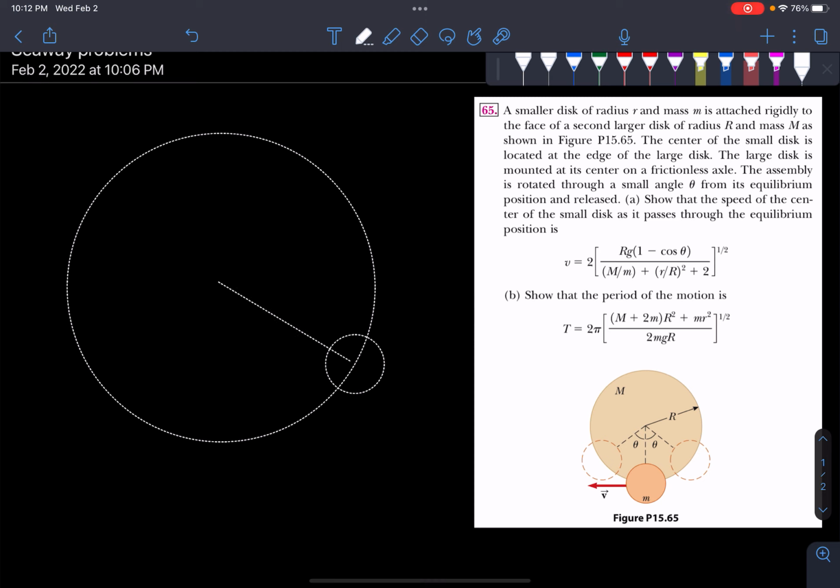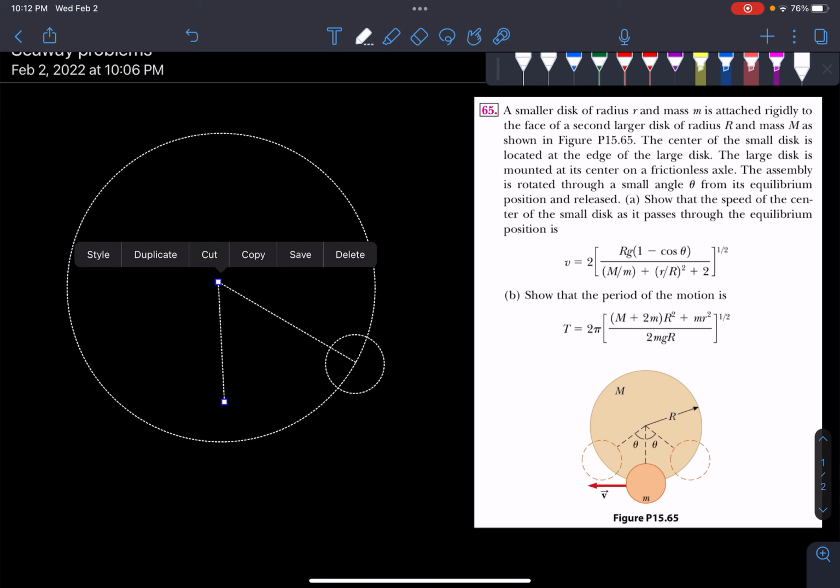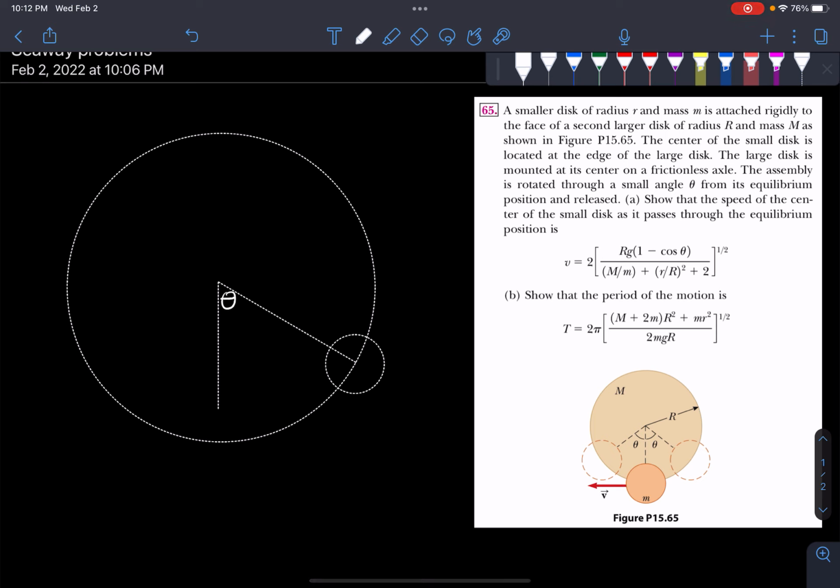And we pull it and release it from rest. So I'll make that a little straighter. So we pull it at an angle theta and release it from rest. So let's think about some energy.